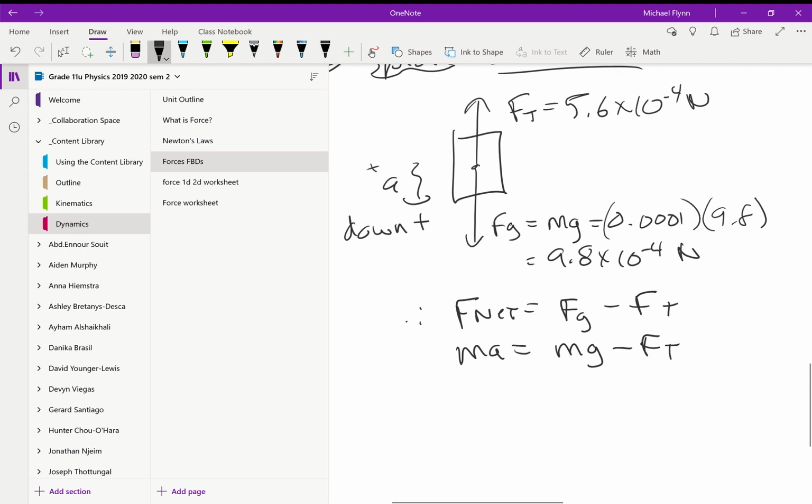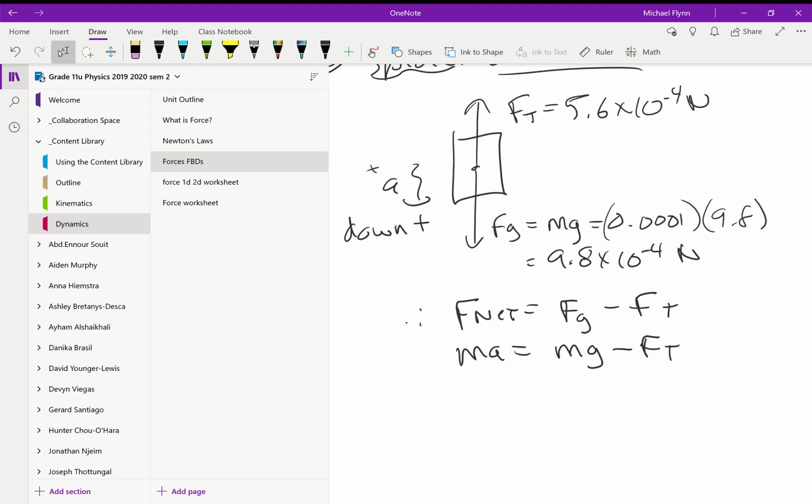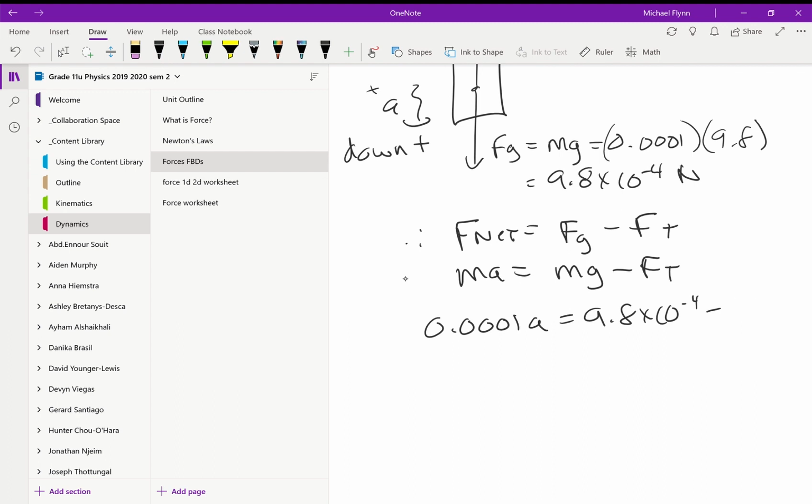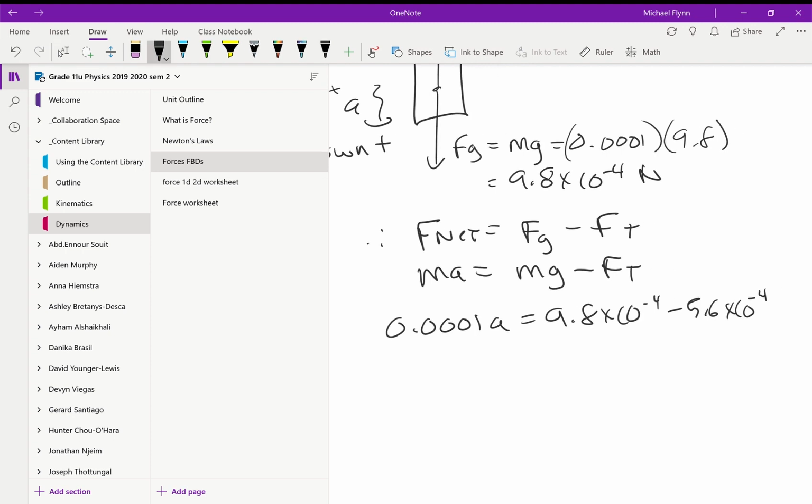Well, I can just substitute these numbers in, and I get 0.0001a equals 9.8 times 10 to the negative 4 minus 5.6 times 10 to the negative 4. Okay, so now just solving it for a.